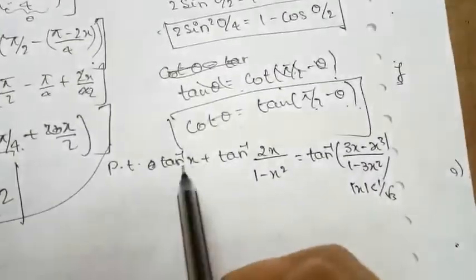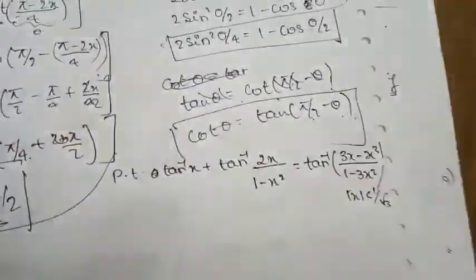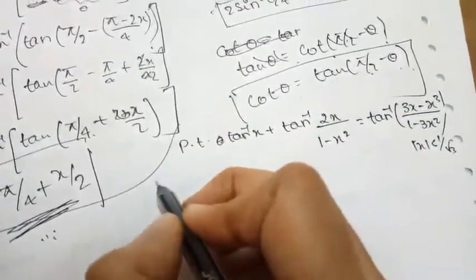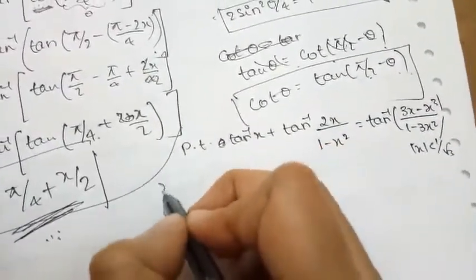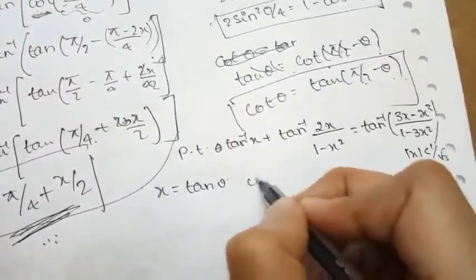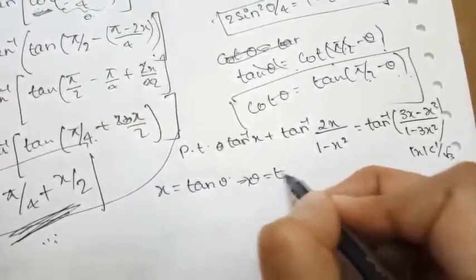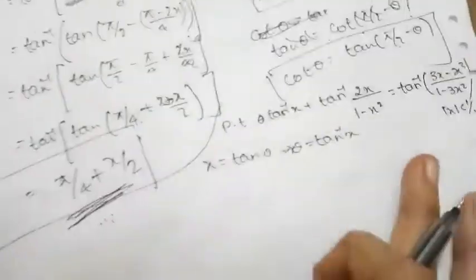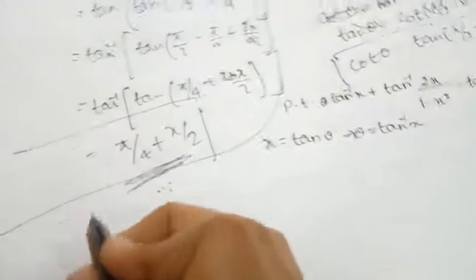The next question is you need to prove this one. So how am I going to start? I am going to start by taking our x as tan theta. What happens to our theta then? Theta is nothing but tan inverse of x. So again I am starting with our RHS.